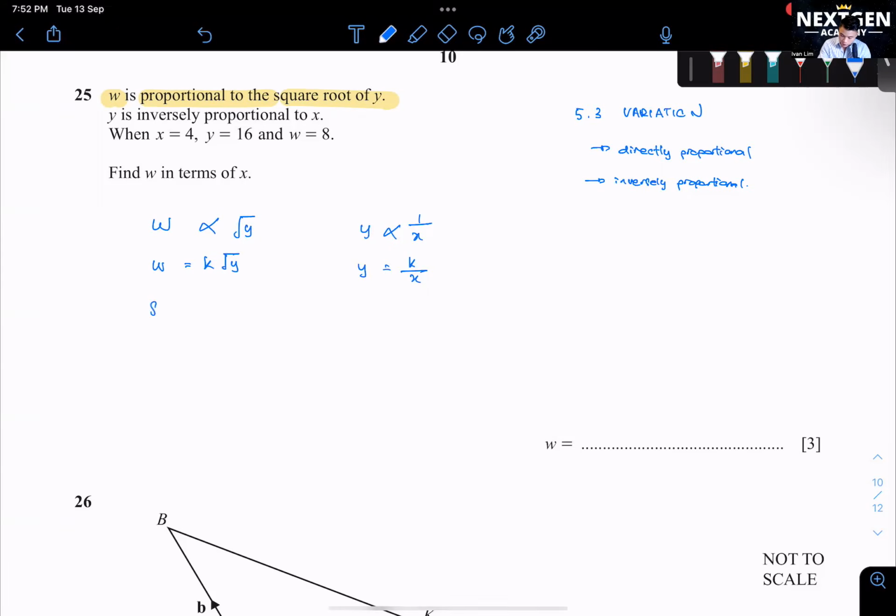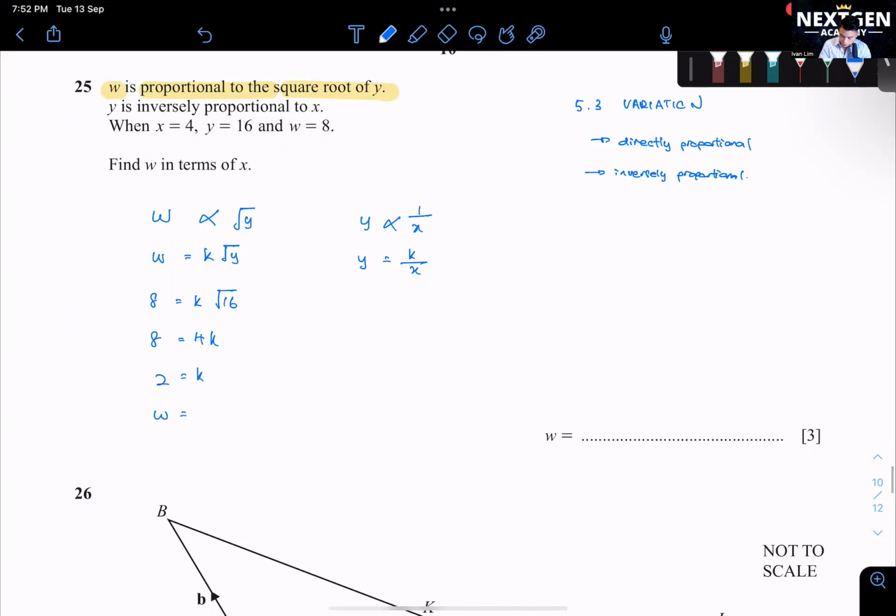So for w, 8 equals k root 16. This one will be 4k equals 8. k will equal 8 divided by 4, which is 2. So your first equation will be w equals 2 root y. I'm just subbing in all these values of x, y, and w.